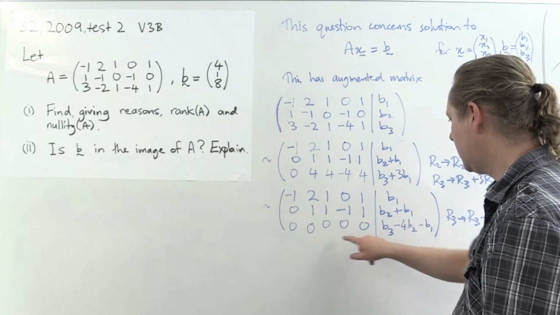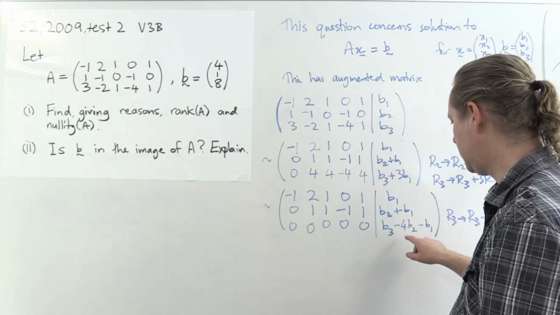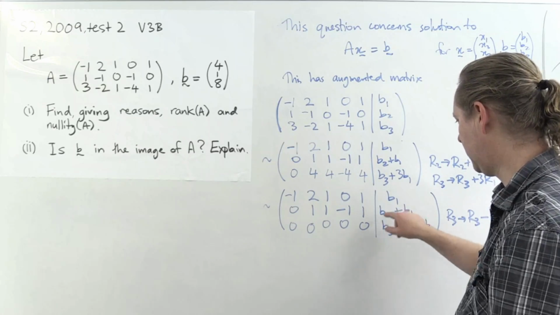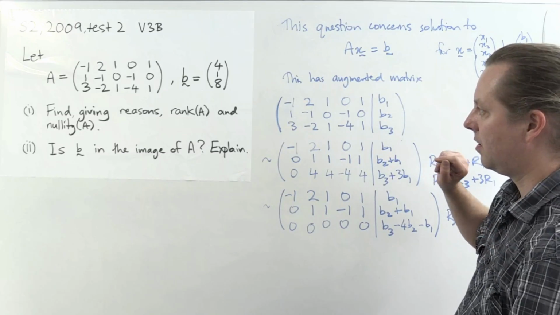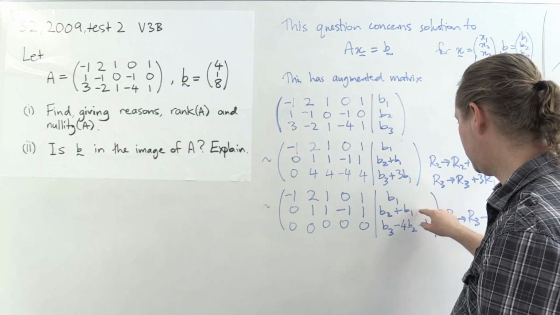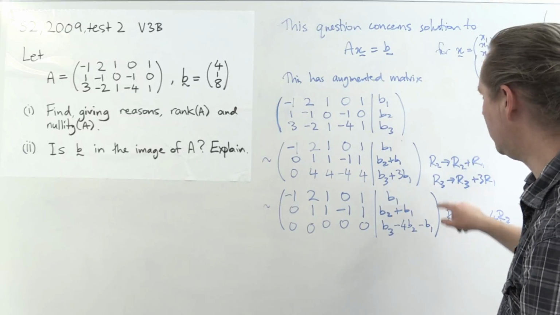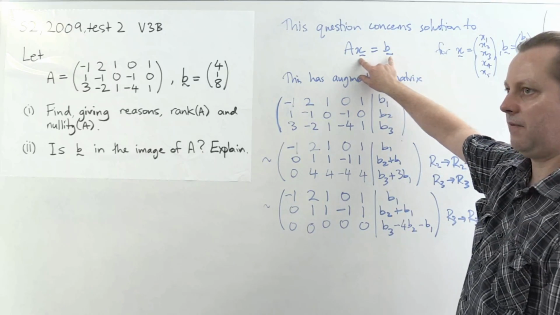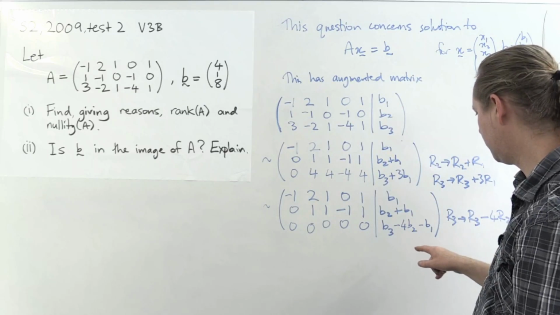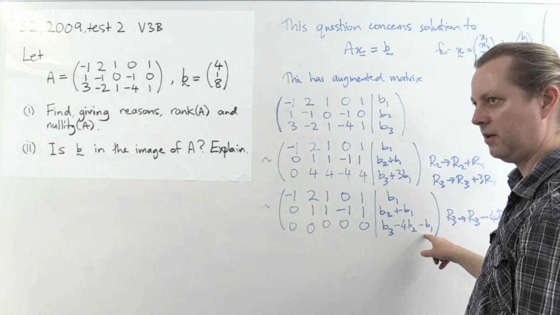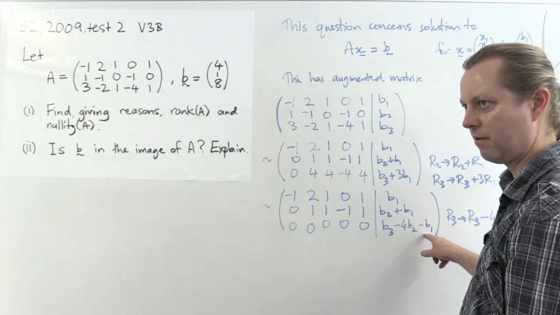Okay. So this system of equations is only consistent, of course, when this right-hand side is 0. So if we're interested to find out what possible x's we can have that will give us a b, we need this component here to be 0.